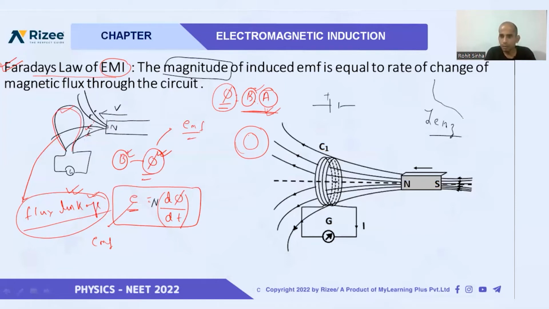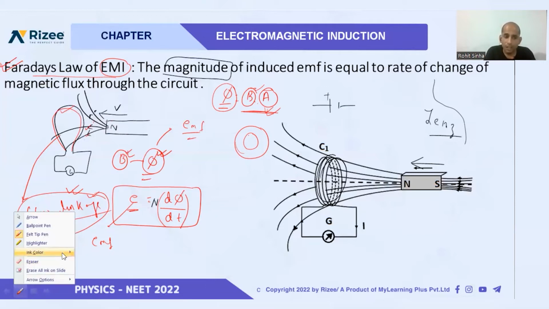One more thing you should remember: if I am just moving the magnet, how can a current or an EMF be induced in this coil? One question arises, because we know in nature energy is conserved, it can't be produced. If we are just moving the magnet and changing the flux, from where is the current or EMF coming to this coil?